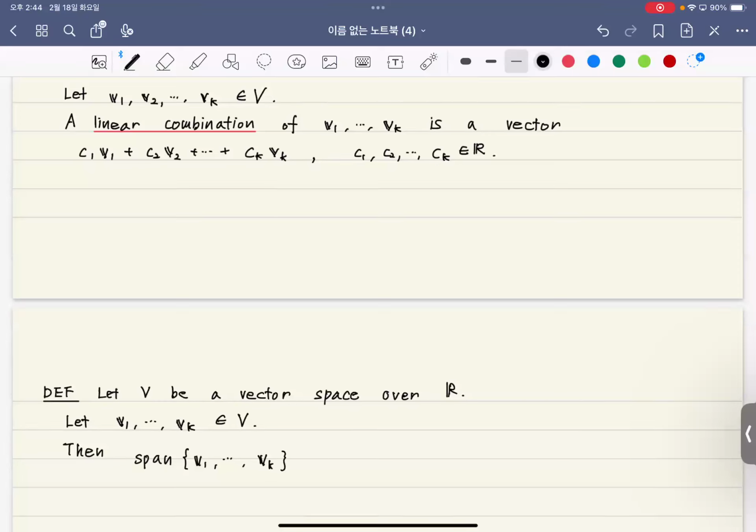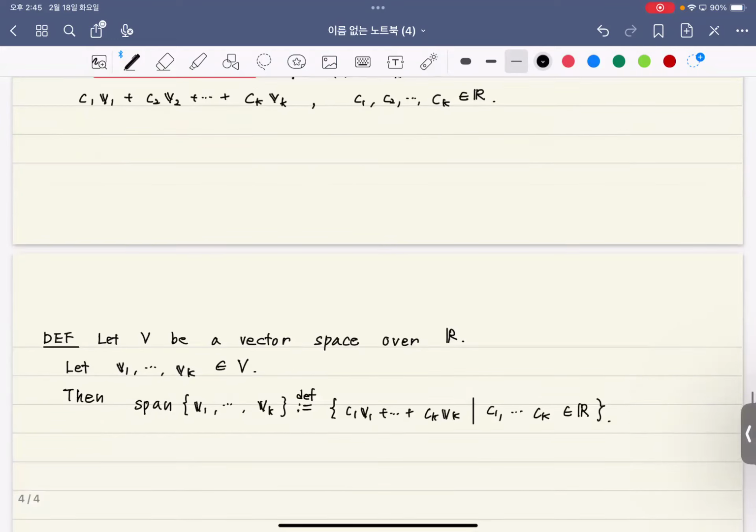What is the span of these k vectors? So this is this.